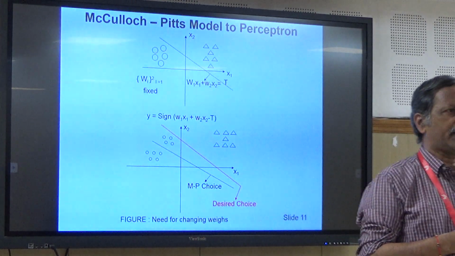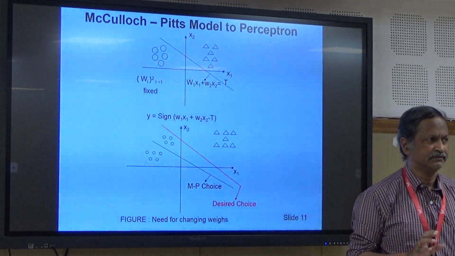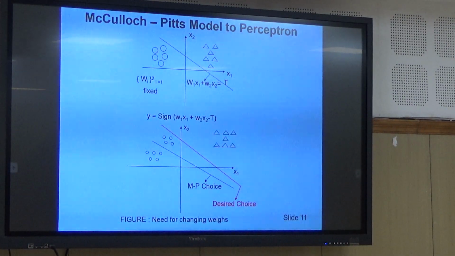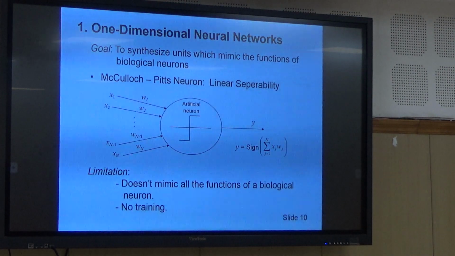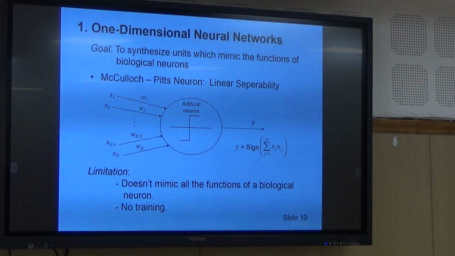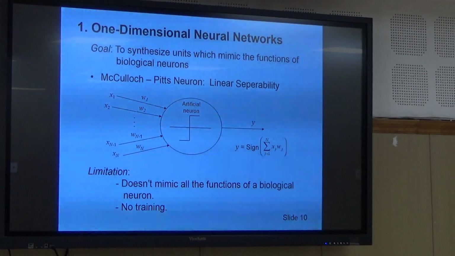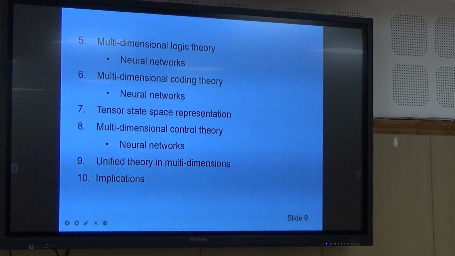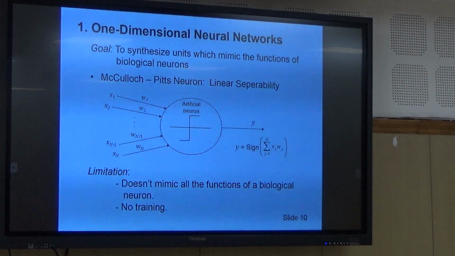So what McCulloch and Pitts did was what we just now discussed. We have a pattern vector with components little x1, little x2, up to little xn. We have the synaptic weights w1, w2 and so on up to wn. Now here is the question. These w sub i's are initially chosen.